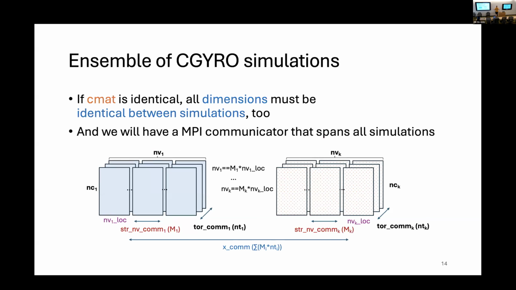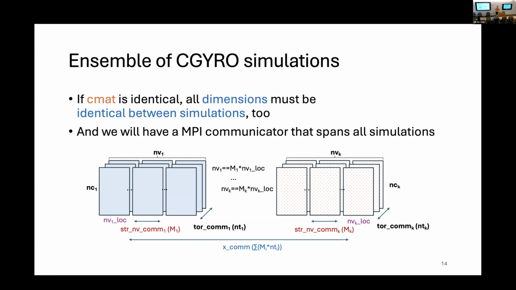Now, when we try to run an ensemble, if we want to have any hope to share CMAT, all the dimensions must be the same, right? Because in order for all the values of the CMAT to be the same, at least the dimensions must be the same.